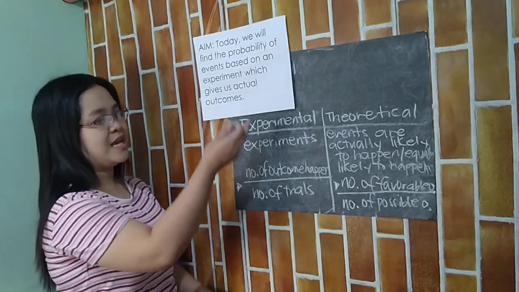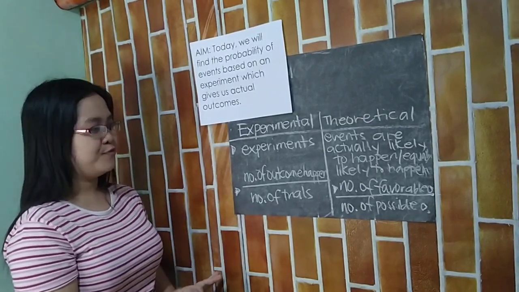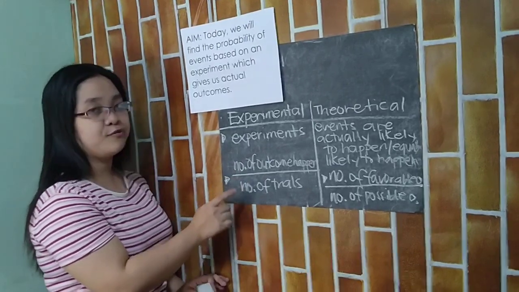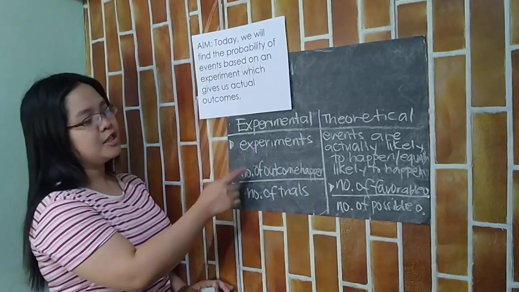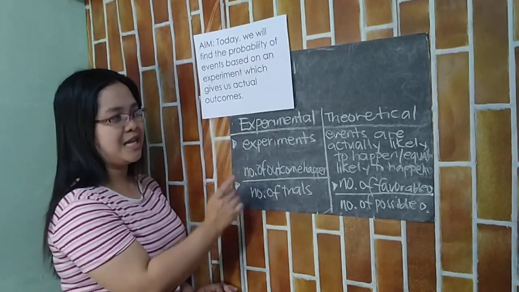Again, experimental probability is derived from the number of outcome happen over the number of trials, or simply the number of times the event appears over the number of trials that you have.